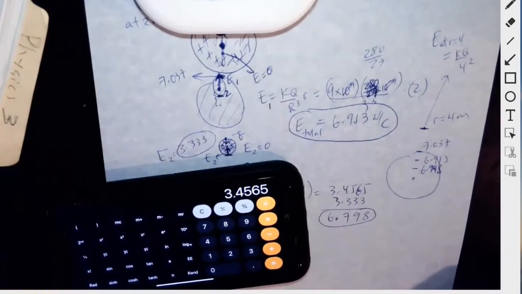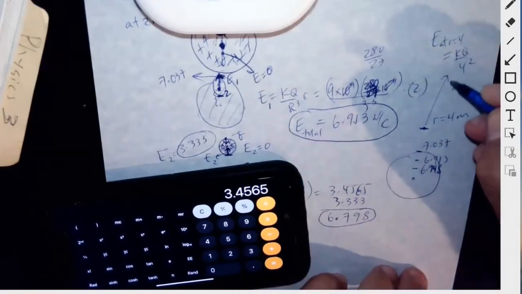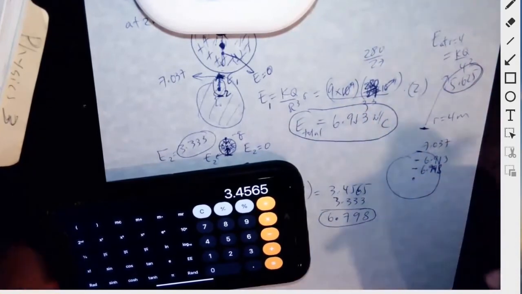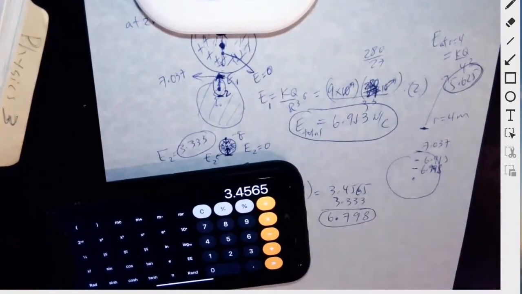If I could use that fact that once I'm outside, I don't care about where the hole is, right? What did that give us when we did the 4 meter? 5.625, right? What's your gut instinct? Now that we do it with the superposition method, are we gonna get 5.625?